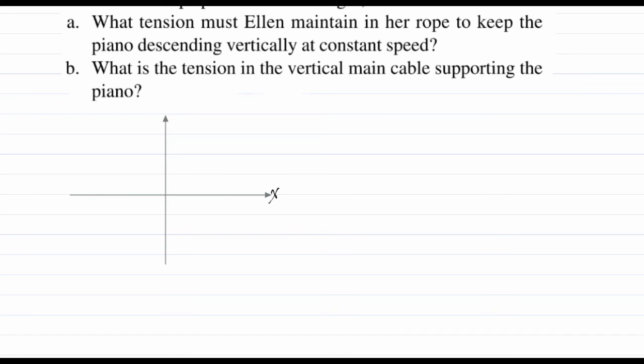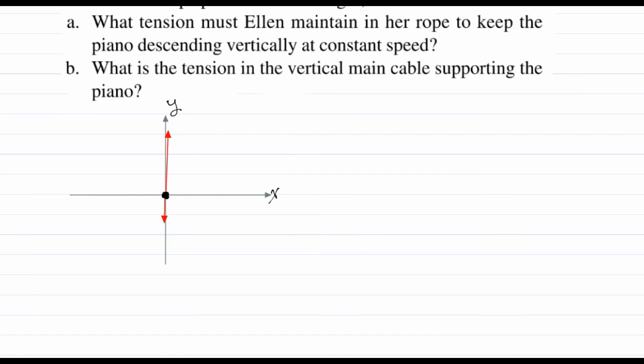We'll call the horizontal direction X, the vertical direction Y. Now this piano is being lowered by a crane, so there's a tension force acting on this piano, which is upwards. So that's the tension by the crane. There is also the weight acting on the piano. Alright, one thing we should include is the piano itself. So remember, on our free body diagram, our object is just a dot centered at the origin.